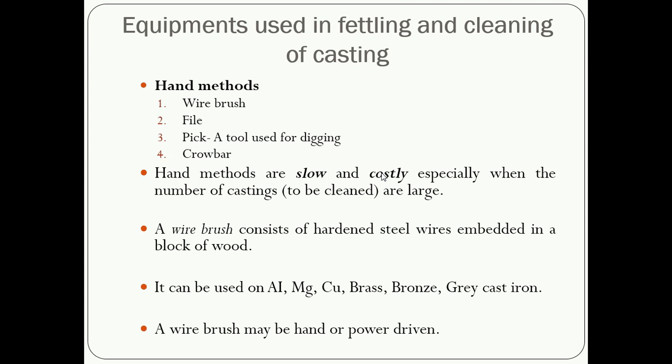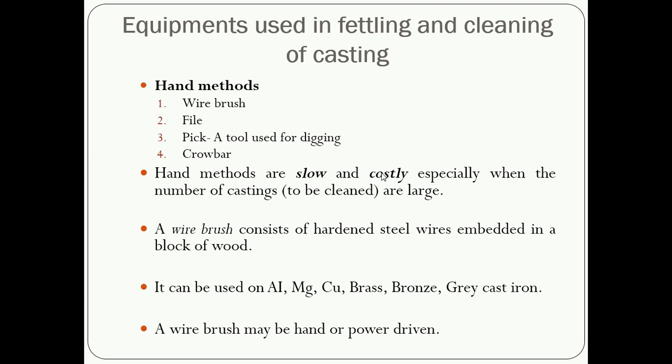Next is pick, a tool used for digging, meaning core sand which is sticking to the internal surface of the casting is removed by using a tool. That tool is called a pick. That pick has a pin point at its front, and by using that pin point we can remove the core sand. Next one is the crowbar.